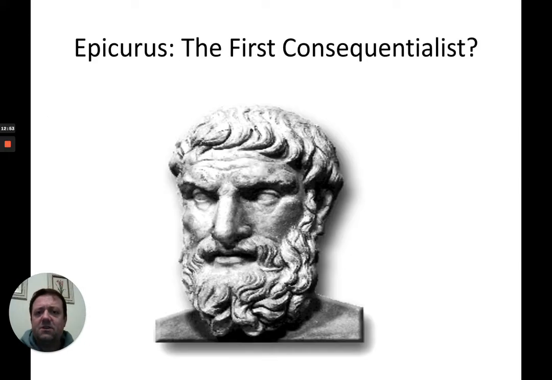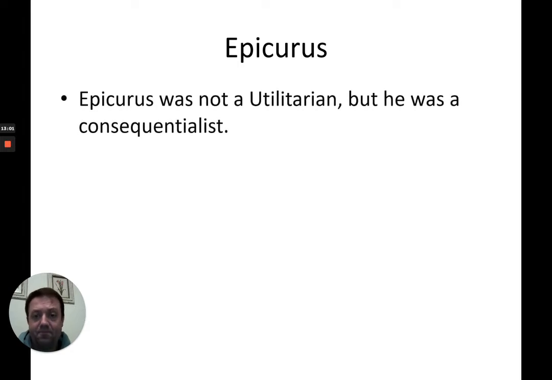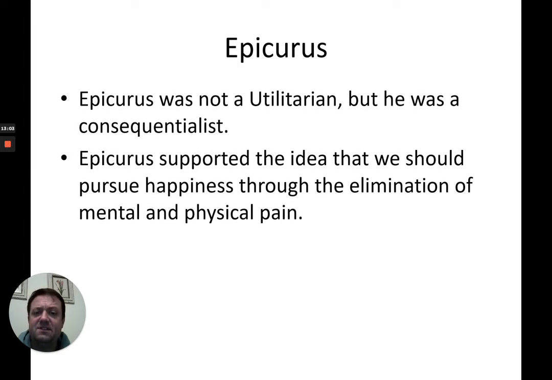So we'll just return to Epicurus for a minute. He was the first consequentialist, if you like, but he was not a utilitarian. And the reason he was not a utilitarian is, as I've said, because he didn't focus on cumulative happiness or aggregate happiness, right?